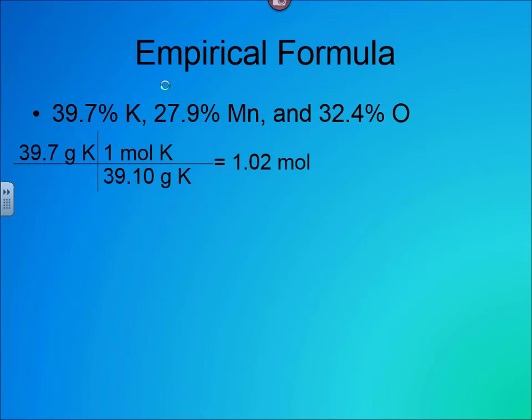We need to do the same thing for manganese. Change the percent to grams. Change the grams to moles. Look up the mass for manganese, 54.94. Divide those 2 numbers.